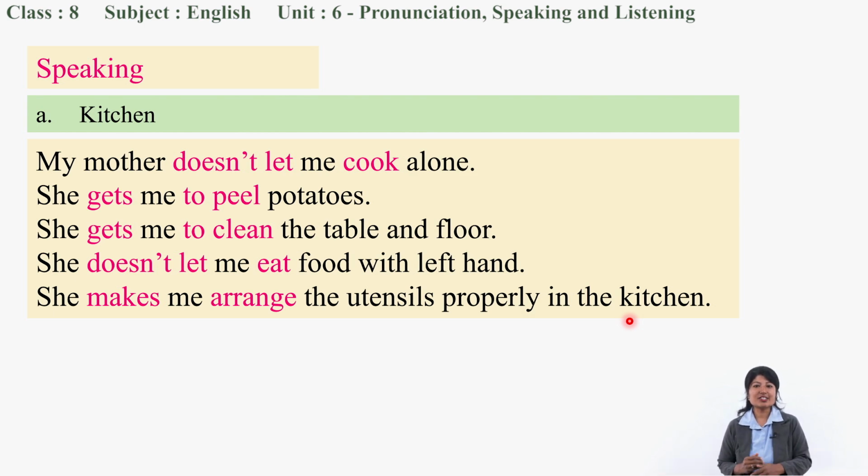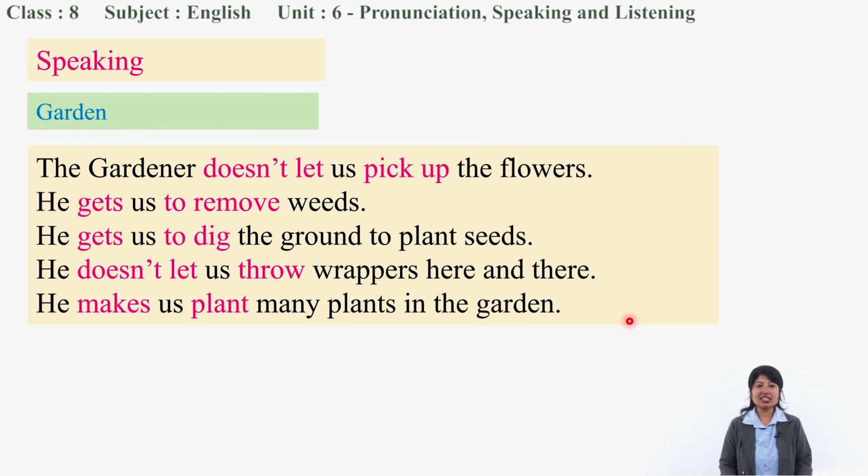Now let's move towards another place. What's that? Next one is garden. Okay. So in the garden, obviously who's there? Gardener. The gardener does not let us pick up the flowers. He gets us to remove weeds.